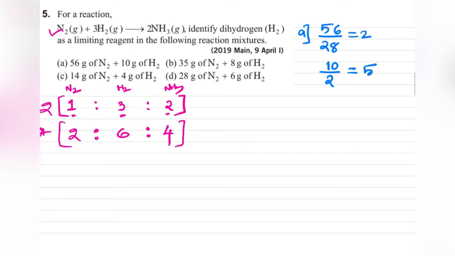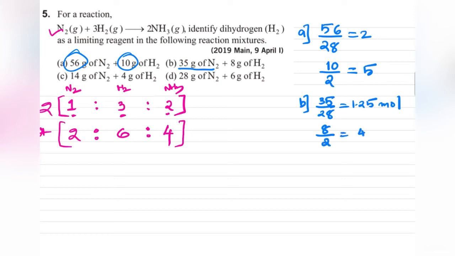So these are the moles of nitrogen and hydrogen. In option B, 35 grams of nitrogen, so 35 divided by 28 equals 1.25 moles of nitrogen, and 8 grams of hydrogen, 8 upon 2 equals 4 moles. Right? So in the first option we got 2 moles and 5 moles. In the second option we have 1.25 and 4 moles.